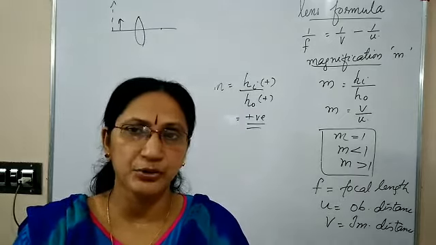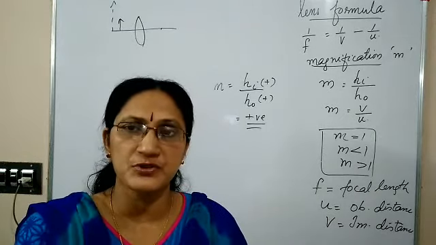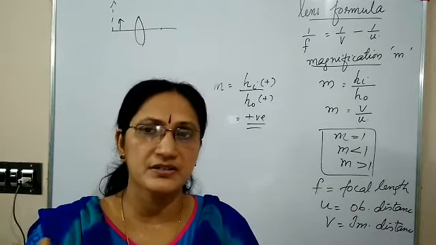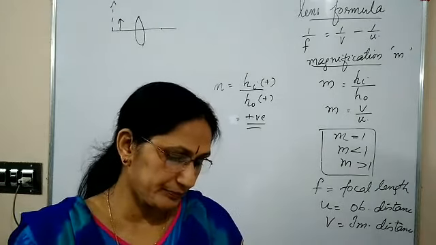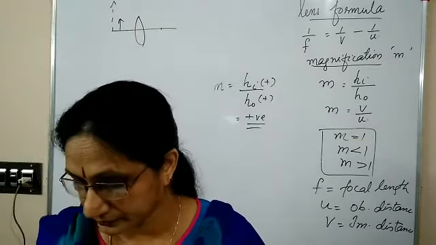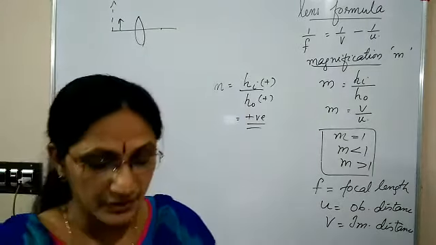The answer is f2 is the main focus. For a convex lens, f2 comes on the right side, so it is positive, and for a concave lens it is on the left side, so it is negative. Then multiple choice questions on page number 120.